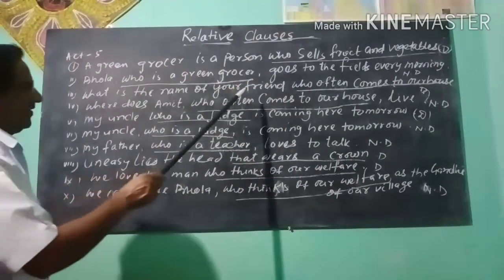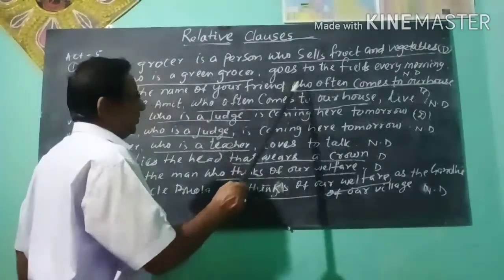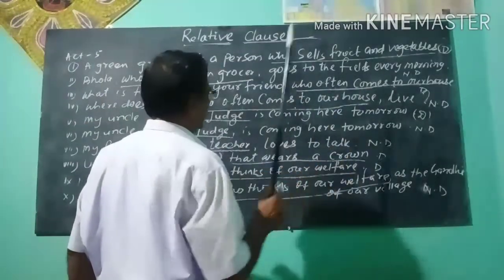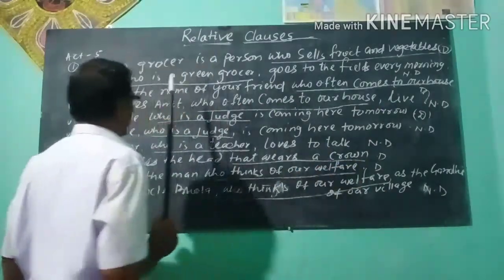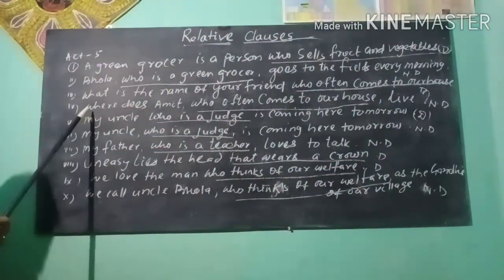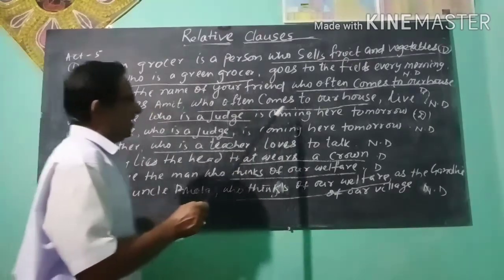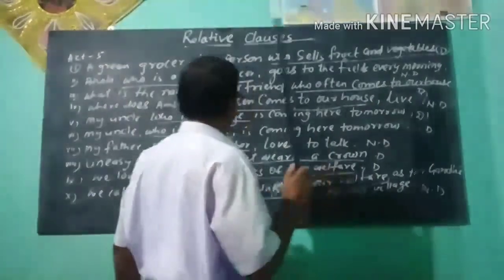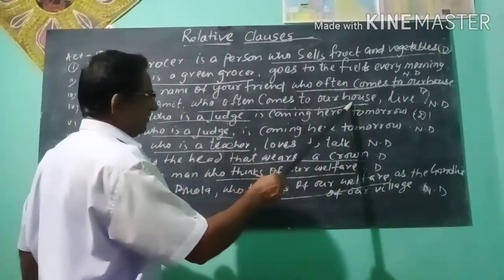What is the name of your friend who often comes to our house? Who often comes to our house is a relative clause. It is a defining relative clause. Where does Amit, who often comes to our house, live? Who often comes to our house is a relative clause.